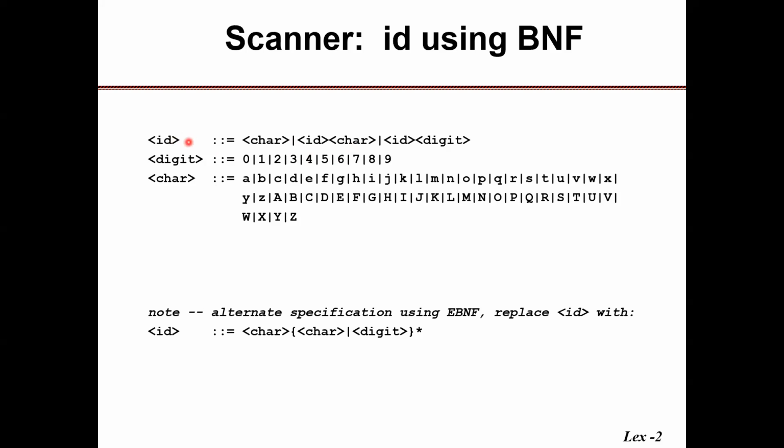We're defining ID right here, so if we've classified something as an ID before and there's a char behind it, we can then recognize that and classify that also as an ID. Or it could be an ID followed by a digit. So we could have something classified as an ID, followed by a digit, in which case we can still recognize it and classify it further as an ID.